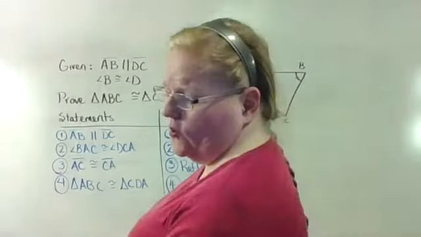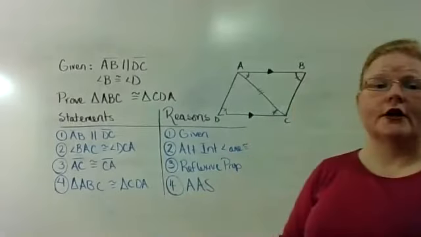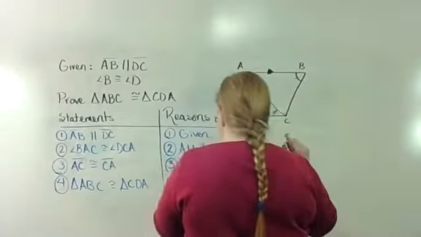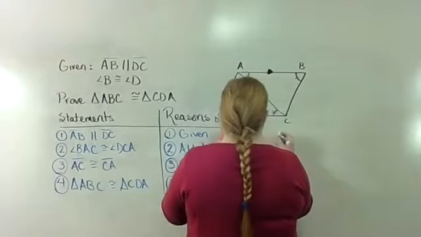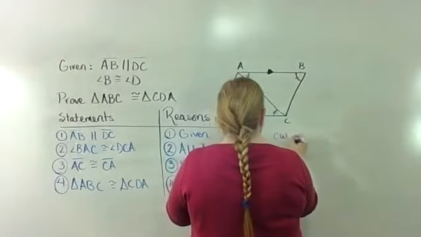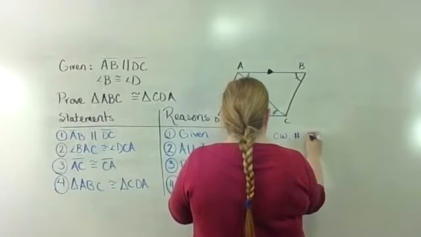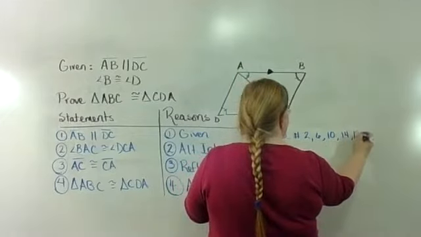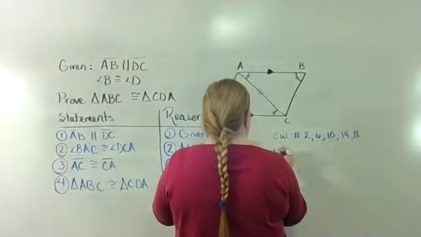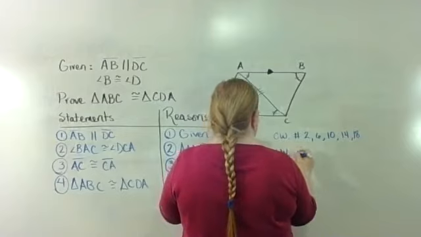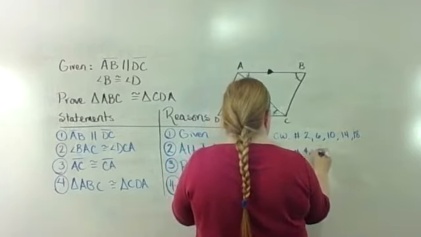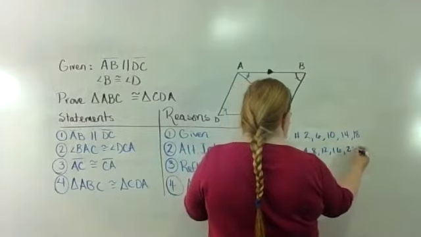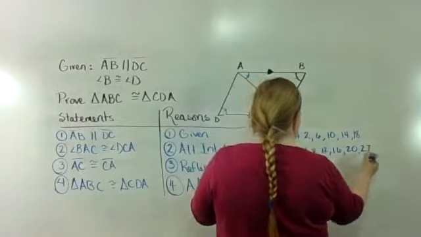So for your homework and classwork, you have numbers 2, 6, 10, 14, and 18. And yes, the answers are in the back. And for your homework, you have numbers 4, 8, 12, 16, 20, and 27.